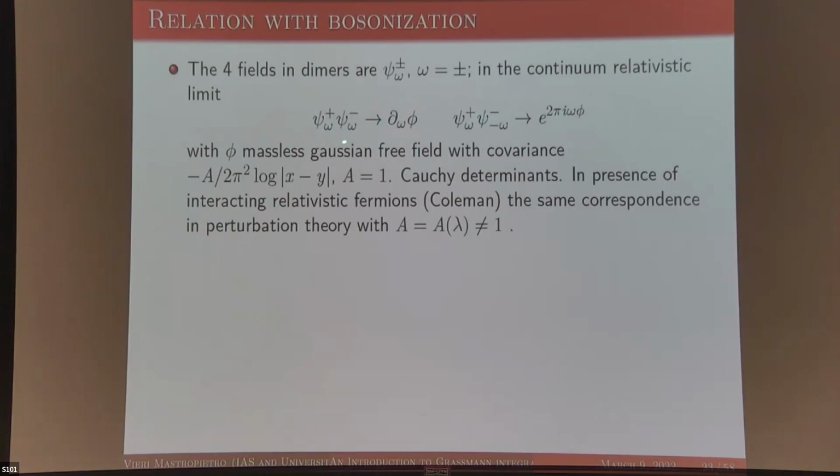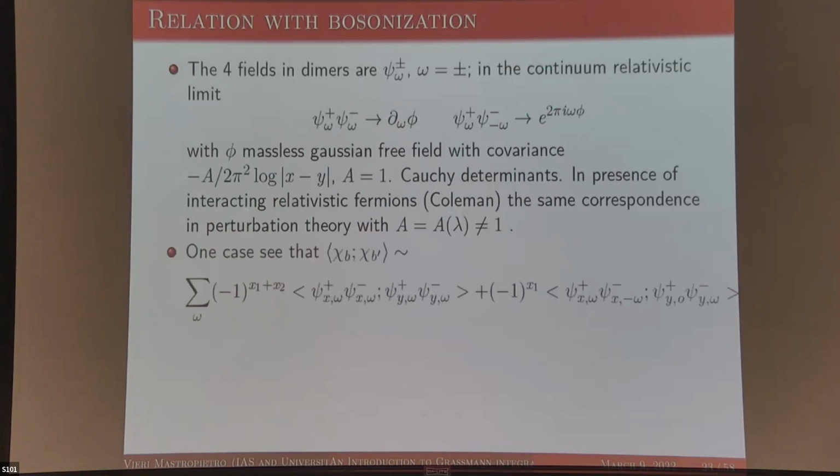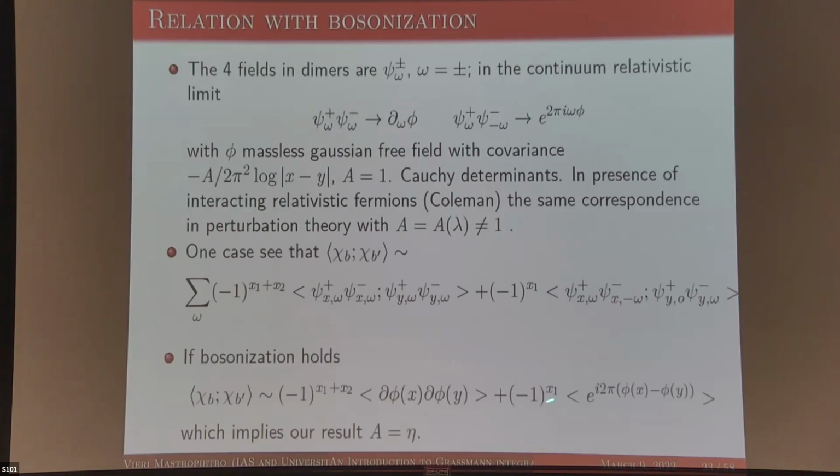If you couple the same omega, you get the derivative. This is simply Cauchy determinants, but the conjecture of physics is that this should be true. In fact, it's true in certain cases, also with interaction with a different A. So if you assume these simple rules, then the result I showed you is one line. So this gives support to bosonization.